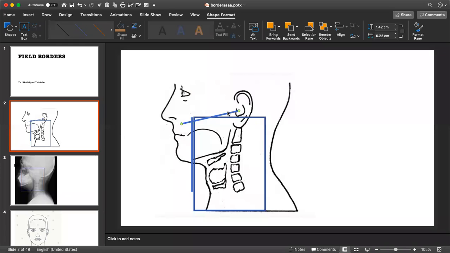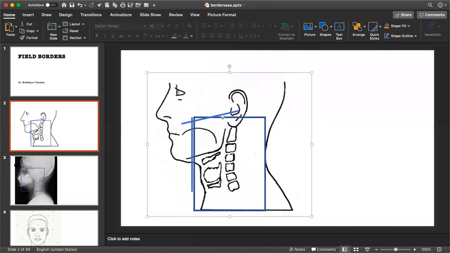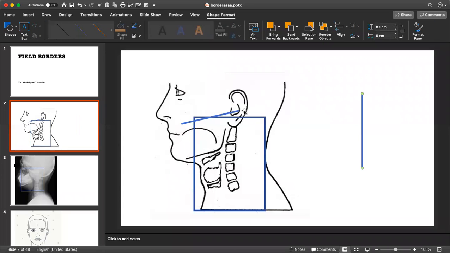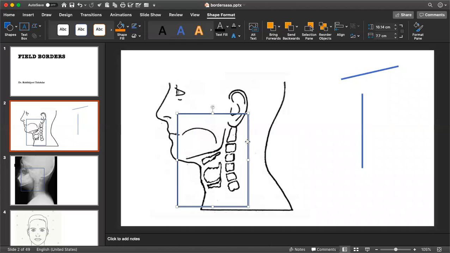For oral tongue, your superior border would be, the setup is done with a tongue bite, so that we can move the hard palate away from the field.